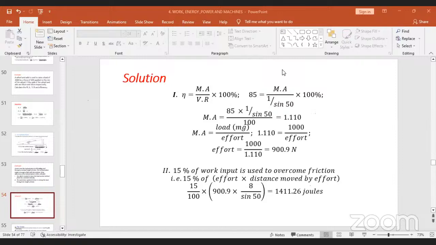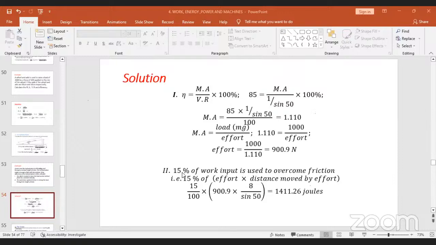Yes, the 15%. Remember, the machine was 85% efficient. So definitely the 15% went into overcoming the what? The friction. That is how the 15% comes about.